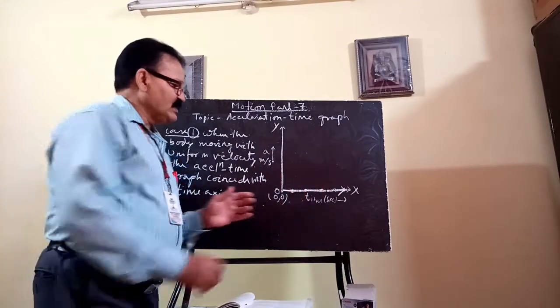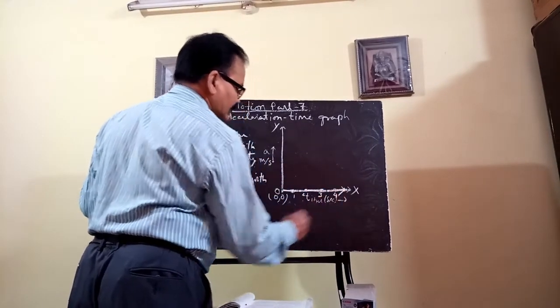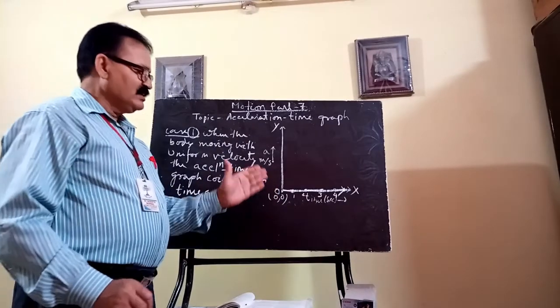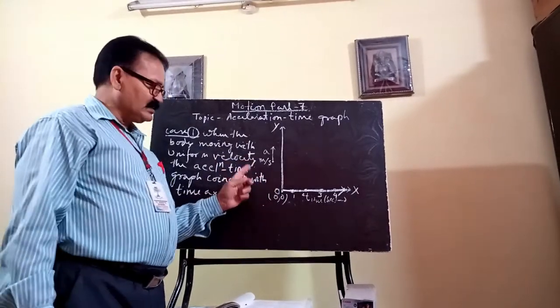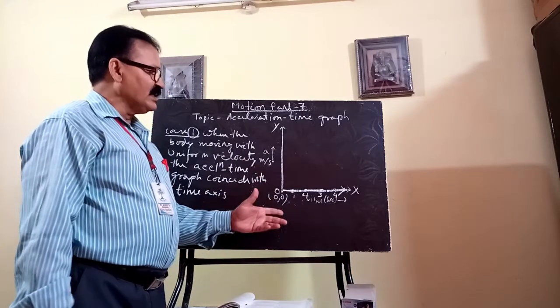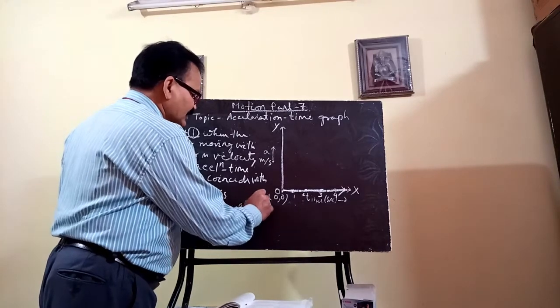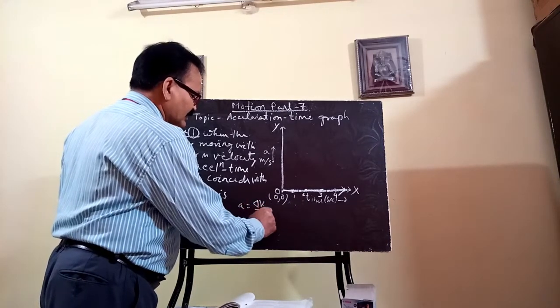Time is increasing, but velocity remains constant, so acceleration will become 0, because we know that del V by del T is your acceleration.